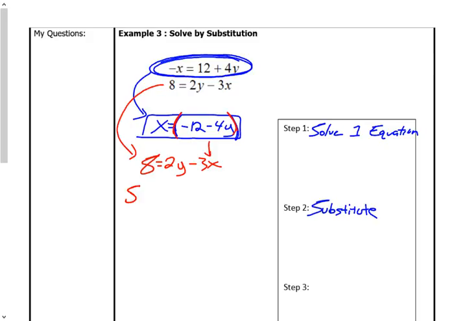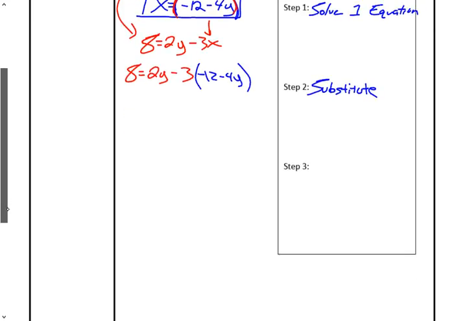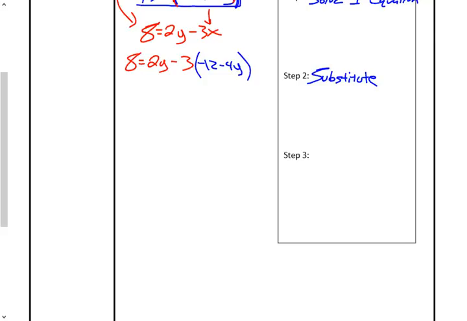So I'm going to take my original equation, but instead of x, I'm going to substitute in. So what happens now? I've got a variable that I can solve for y. So let's distribute.